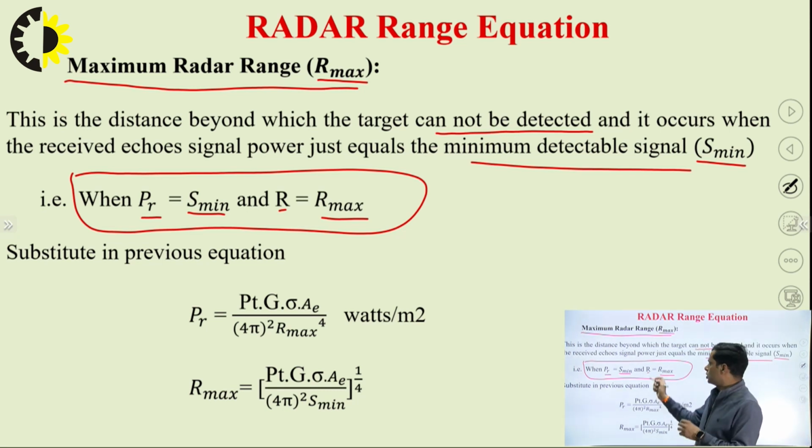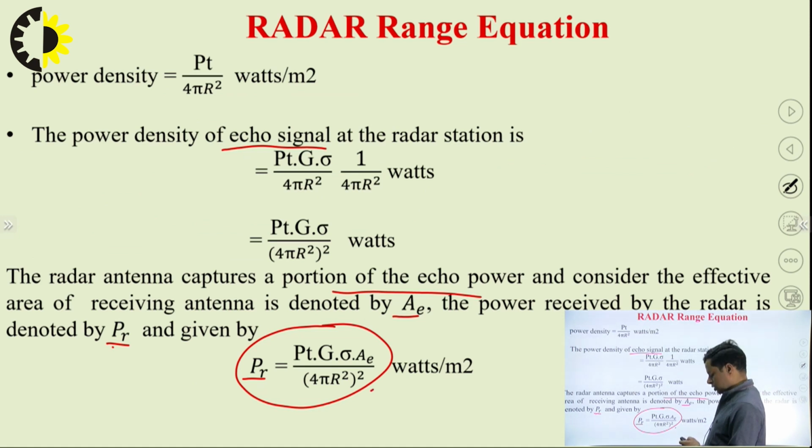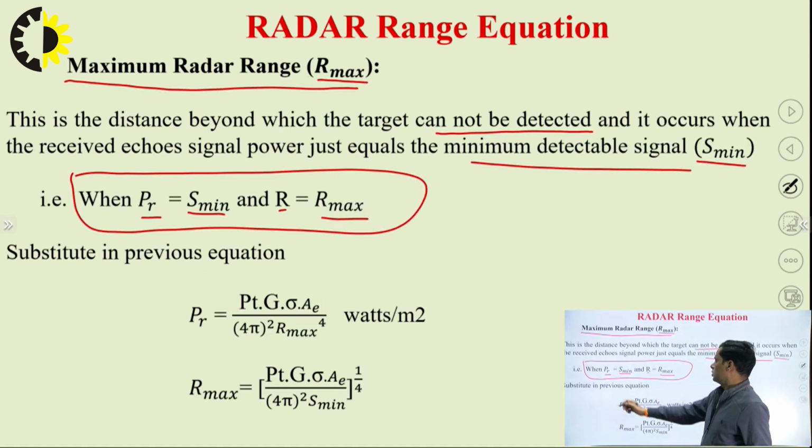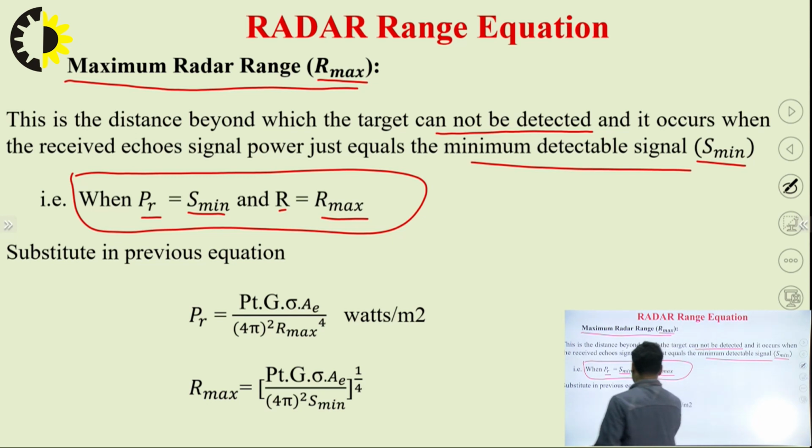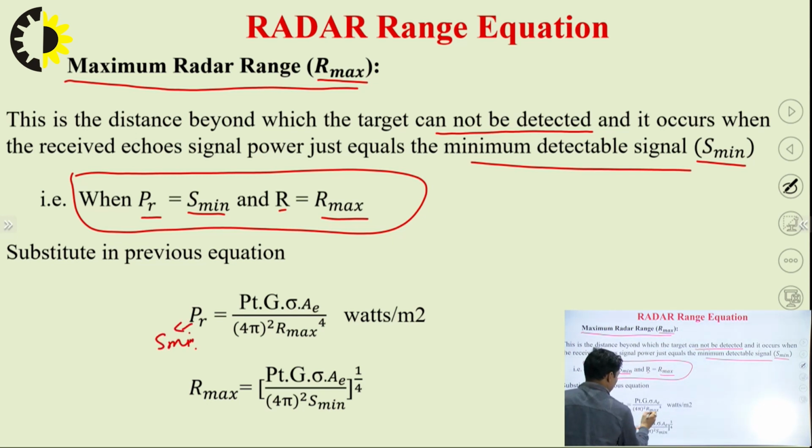Substituting this value in the equation that we have derived, PR is equal to PT G into AE by 4 pi R squared, with R equal to R max, and PR becomes S minimum.